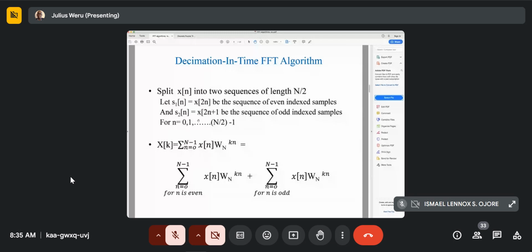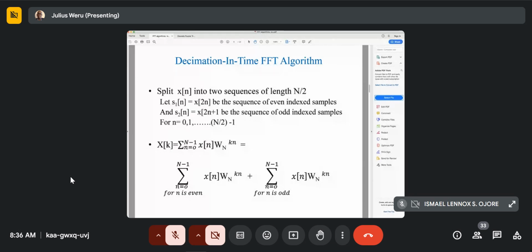So whatever N is, you start first of all decimating, and then recursively doing so as your sequences grow smaller. We are going to split into two sequences, one with the odd samples and the other with the even samples.